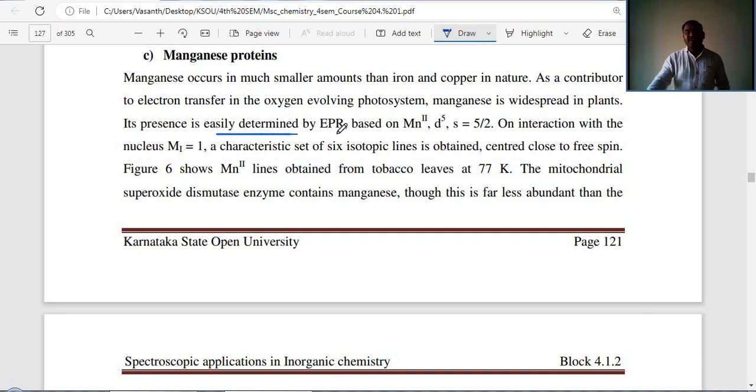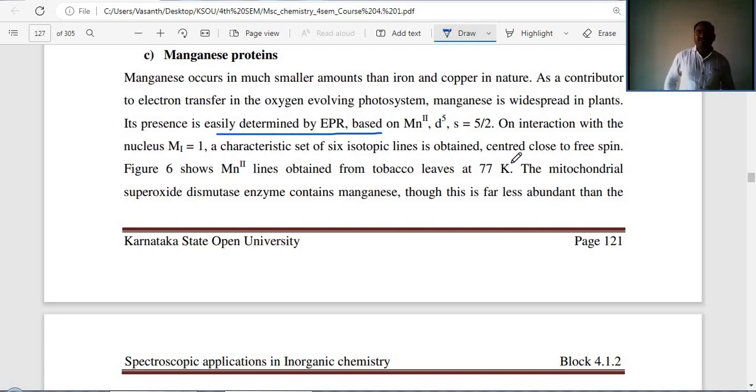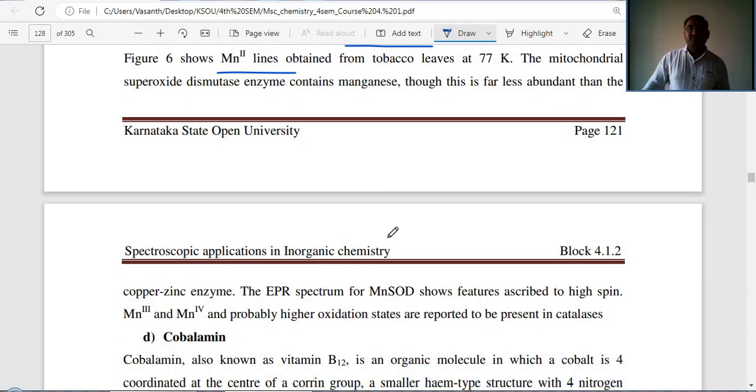Its presence is easily determined by EPR, based on manganese(II), d5, S equal to 5/2. On interaction with the nucleus, a characteristic set of 6 isotropic lines is obtained, centered close to the free spin value. Just see figure 6, here the manganese(II) lines obtained from tobacco leaves at 77 K.